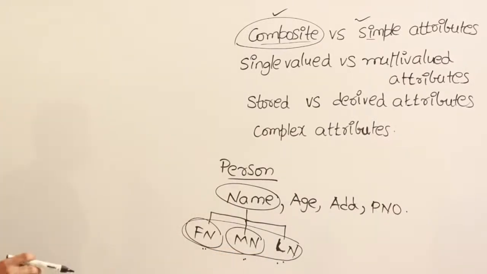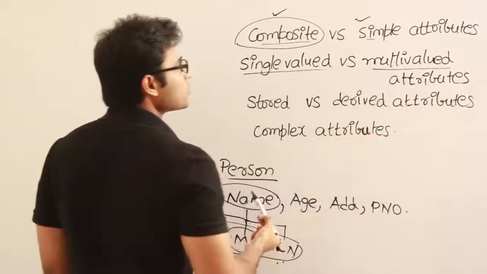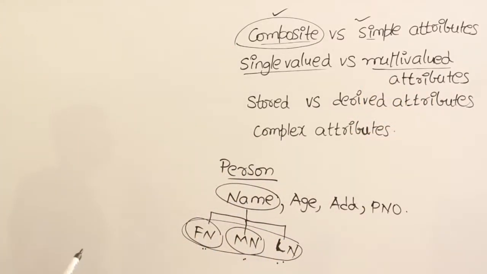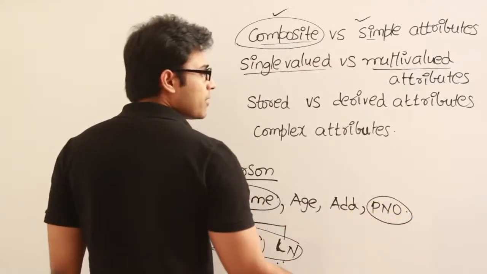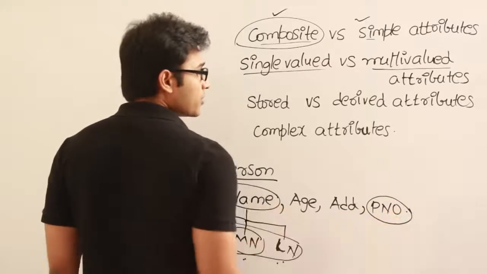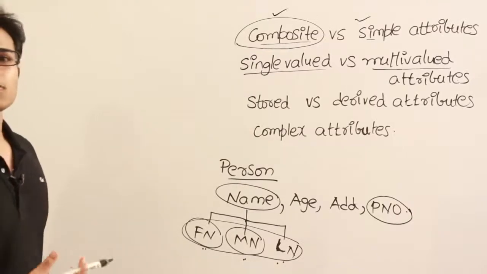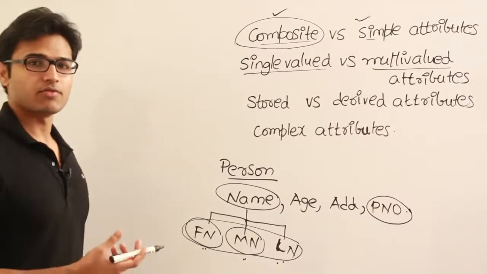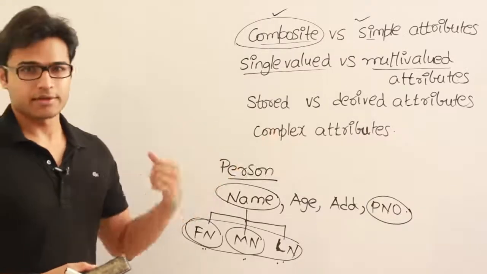And the next one is single valued attribute versus multi-valued attribute. Just take an example. Let us say phone number. A phone number may be a multi-valued attribute. The reason is, some person might have more than one phone number. He might be using more than one phone number. Maybe one is a Delhi number and the other is a Hyderabad number, something like that, right?